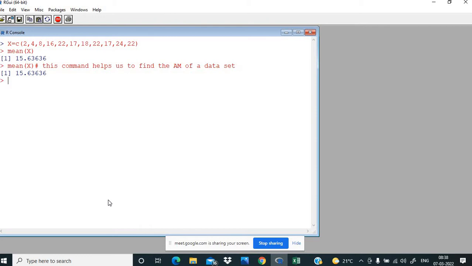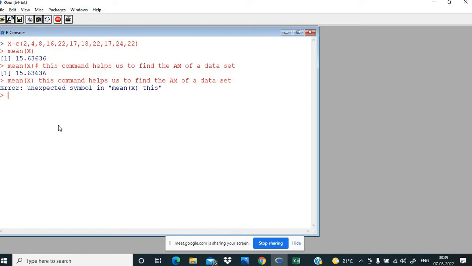This part is not executed. But if you don't give the hash and write it like this, and then press enter, you will find that there is an unexpected error reported in the R console. So we should use the hash whenever we want to put a comment by the side of the command. If you want to make some comments, this is the way you can do it.